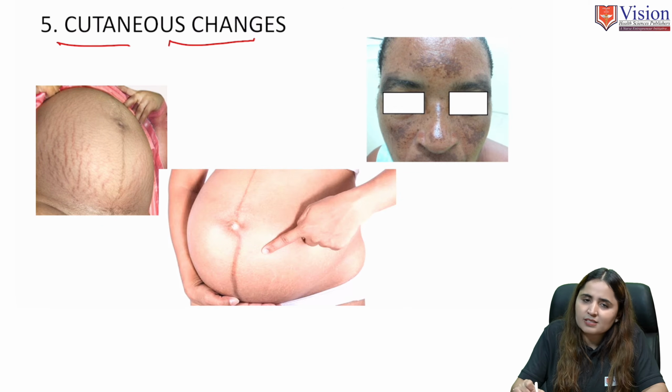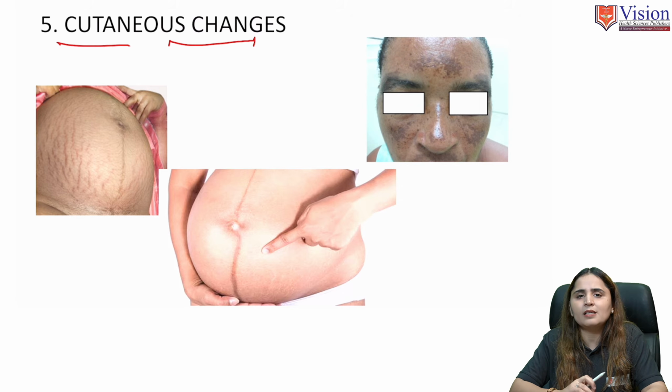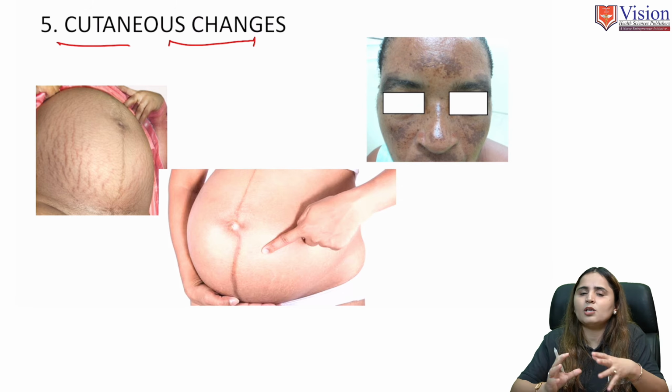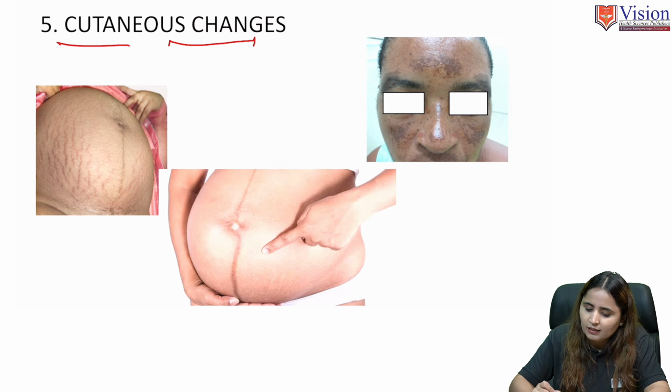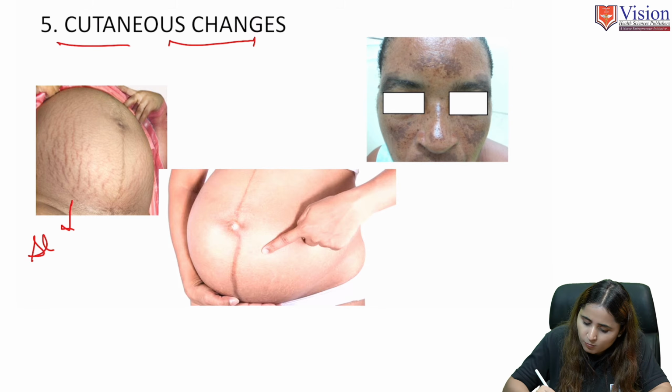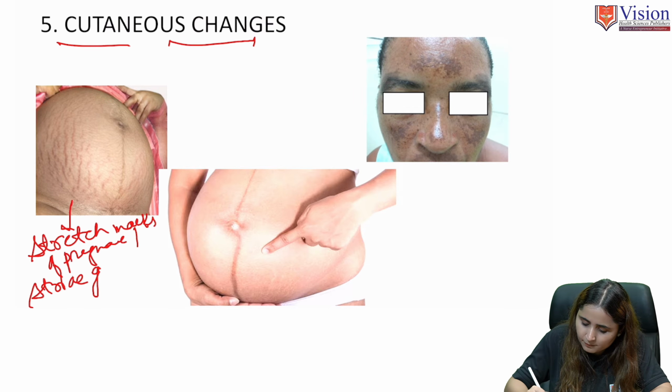Then the fifth change is what happens in the skin. In the cutaneous system, first we can see the stretch marks of pregnancy, or the striae gravidarum.